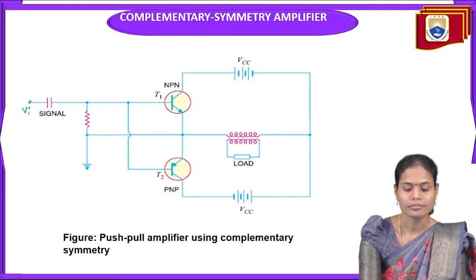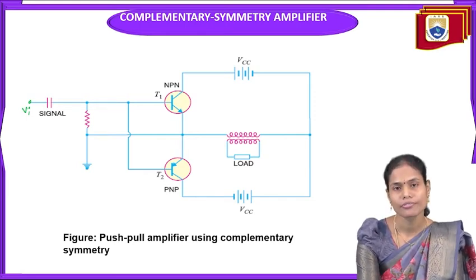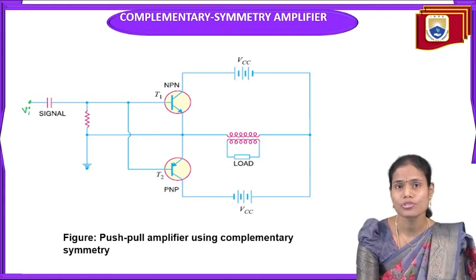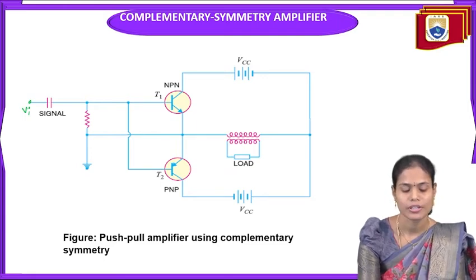And one more thing here is, instead of using two identical transistors, we are using two different transistors, NPN and PNP. So these are the basic differences between the class B and complementary class B power amplifiers.